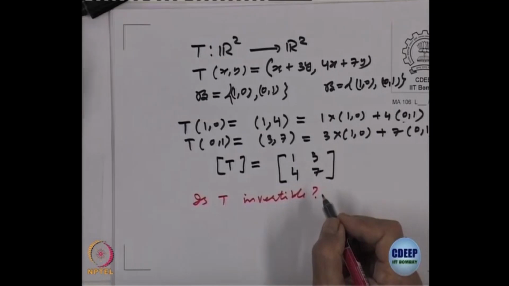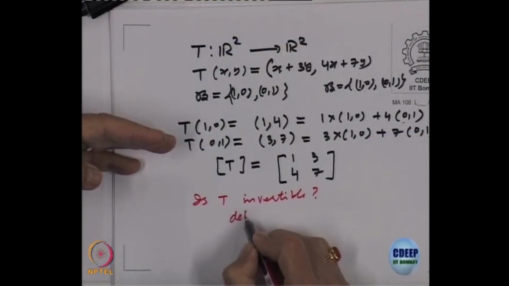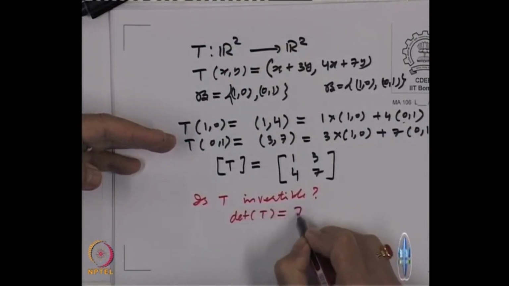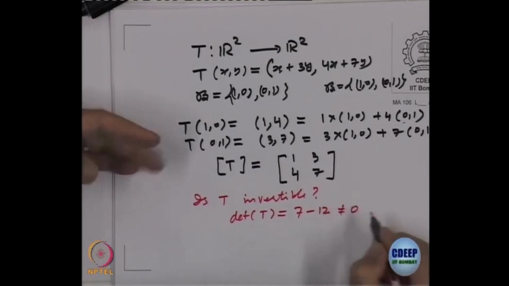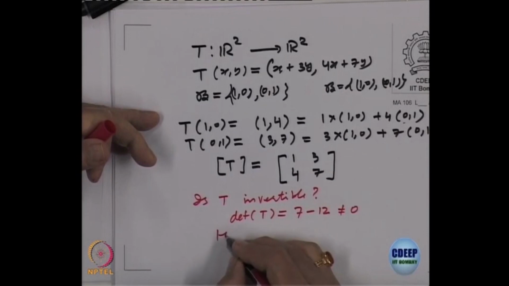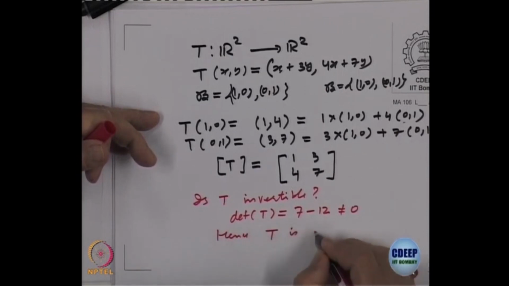Either I can check that the kernel of T is just 0, or by rank-nullity, the range, which is the column space, has dimension 2, or the determinant, which is going to be very useful. This is a 2 by 2, so calculation of the determinant is very easy. What is the determinant of this? 7 minus 12, that is not equal to 0. So hence T is invertible.